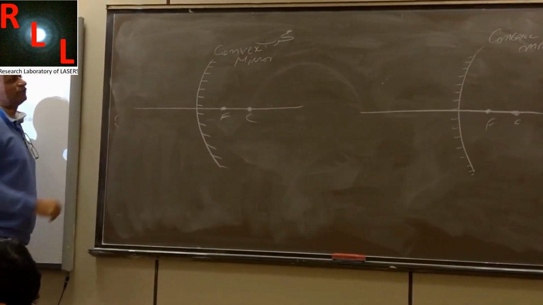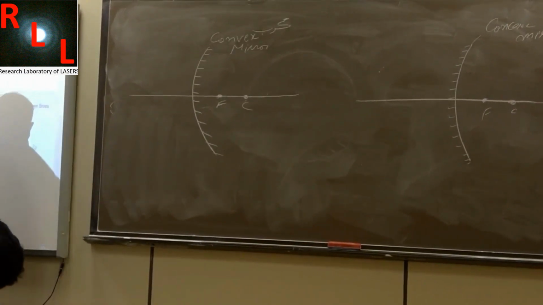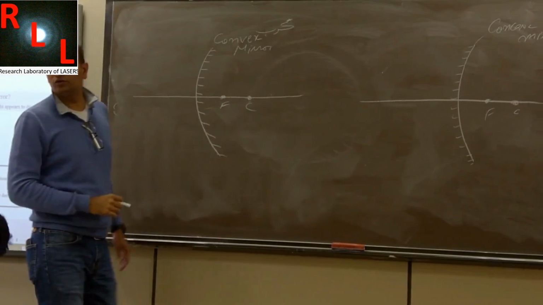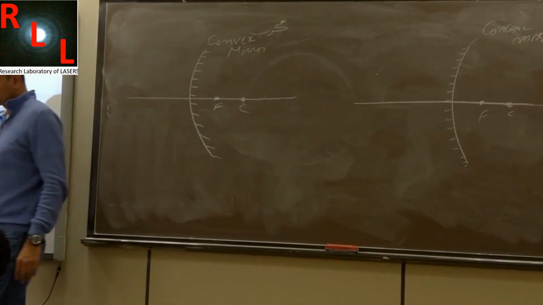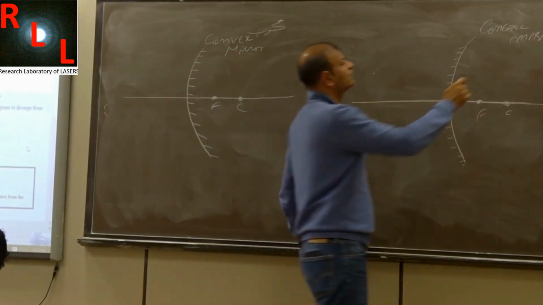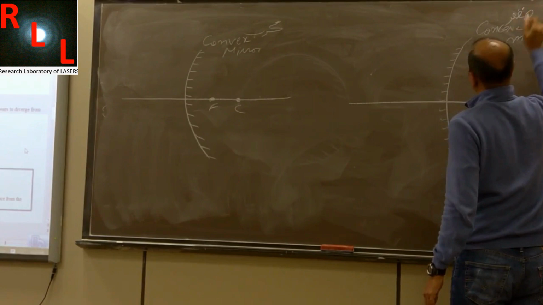As I mentioned before, in the case of the convex mirror, this is the spelling for concave, C-O-N-C-A-V-E. Okay. Concave, or you can write makar.